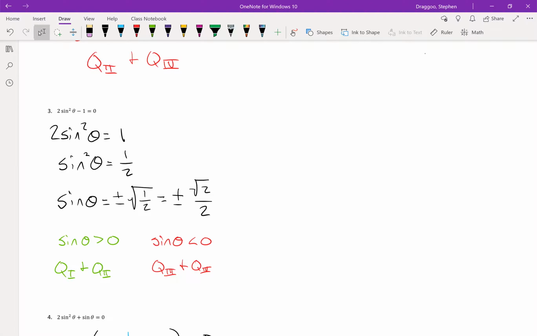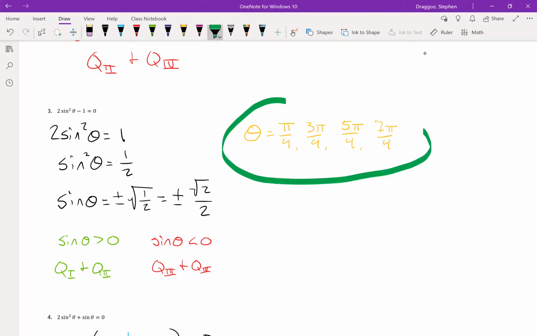Meaning that I'm actually going to get 4 solutions to this one trig equation within the unit circle, because there is a solution in every quadrant, because it doesn't matter if sine itself is positive or negative. And we're looking at all of those angles that have pi over 4 as a reference angle. So theta is pi over 4, 3 pi over 4, 5 pi over 4, or 7 pi over 4. Any one of those 4 angles will solve that original equation.